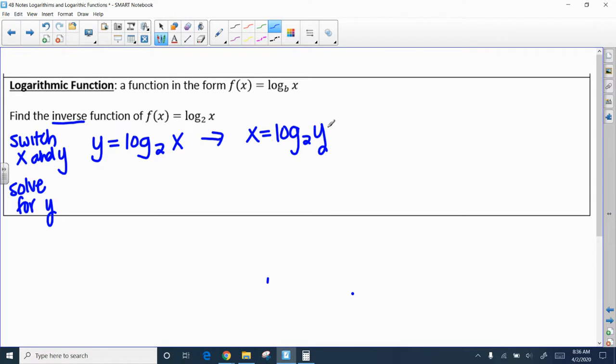Okay, now, somehow I have to get this y by itself. But right now, we're taking a logarithm of y, log base 2 of y. So the way I can rewrite this is this is in logarithmic form. This is log base b of a. I can change to exponential form.